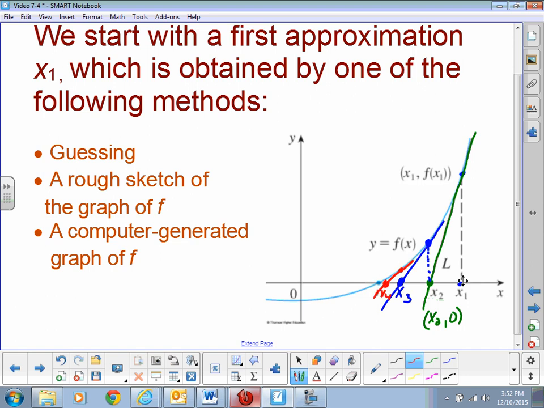That now gives us x4. And if we keep doing that over and over again, in most cases, that will bring us to our root. Now, it is important that we guess something close to it initially, because otherwise, if you're too far away, sometimes it might not send us to the root, or it might send us to a different root if there are multiple roots.